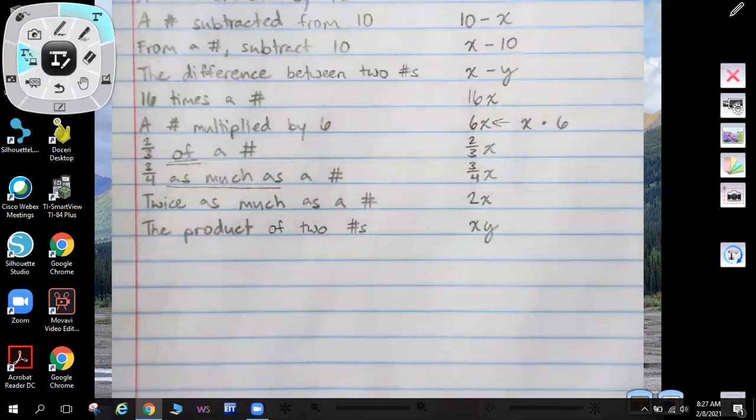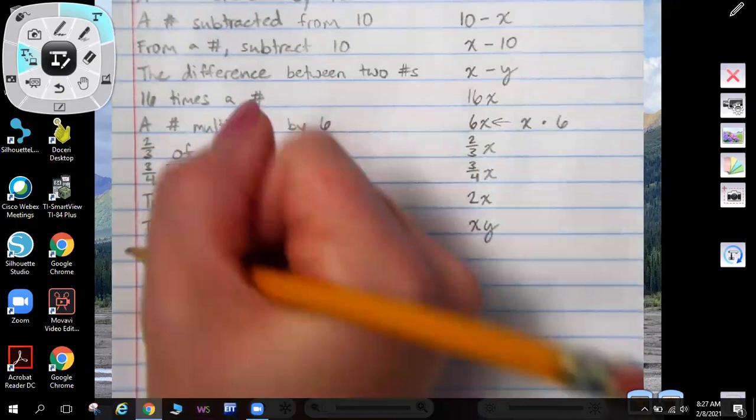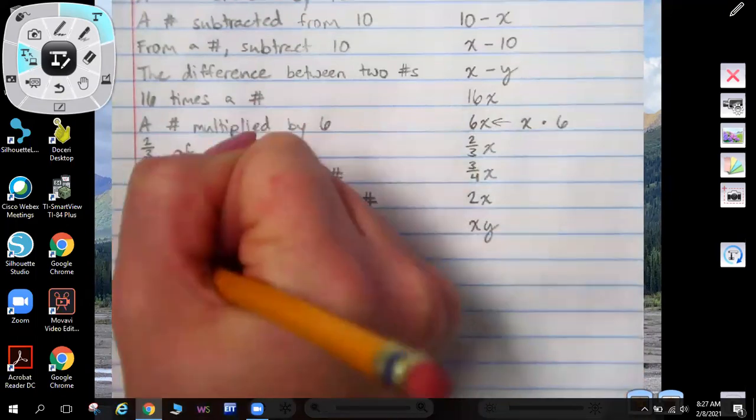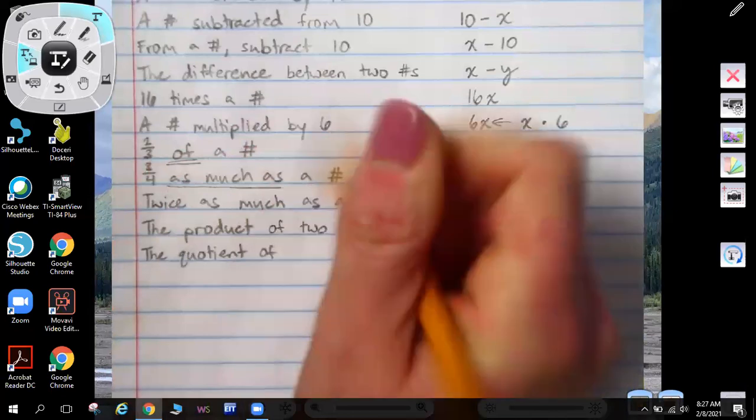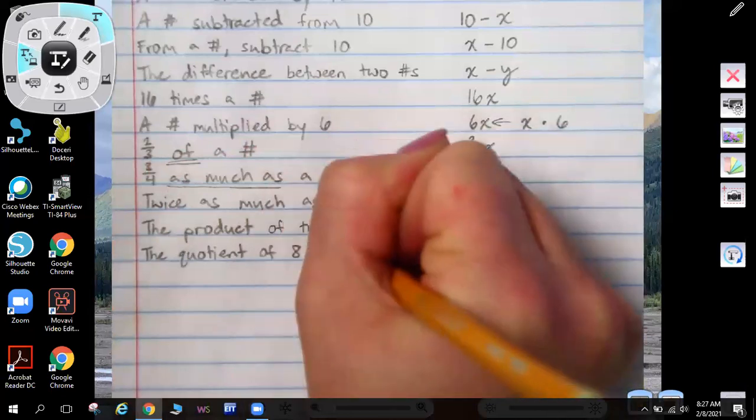Okay, we got 3 more like this. The quotient of 8 and a number.